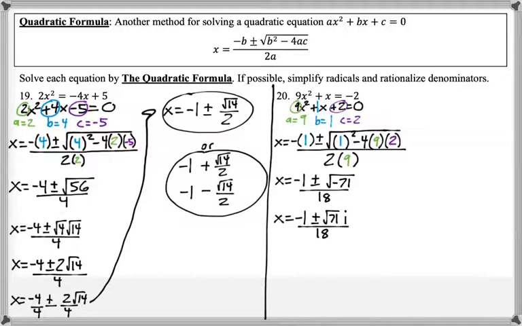And then I want to split up the fraction. So x is equal to -1 over 18 plus or minus the square root of 71 over 18 times i.